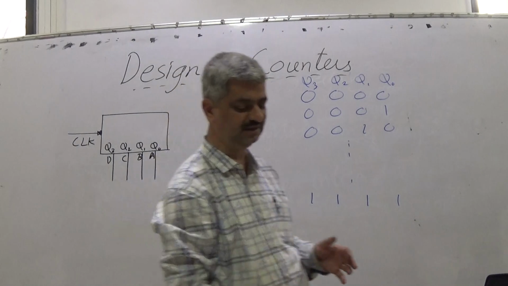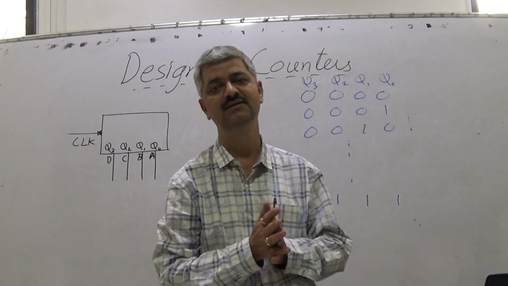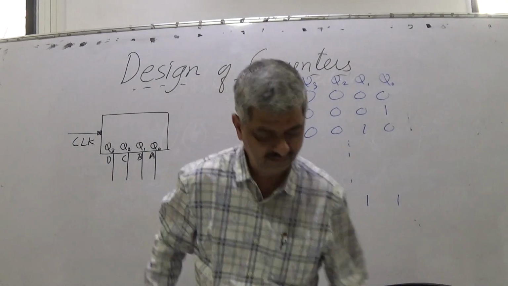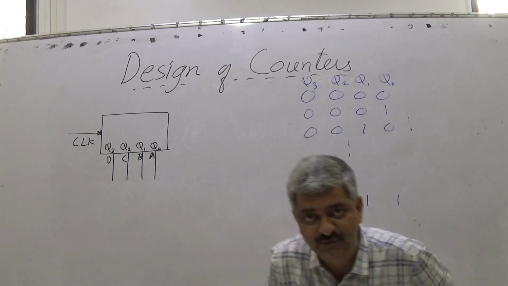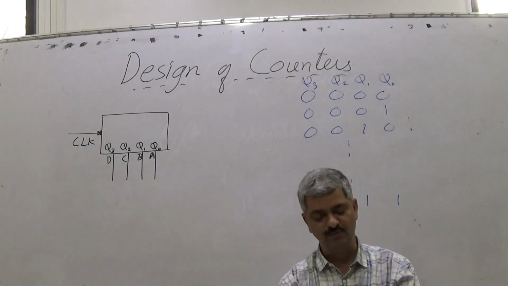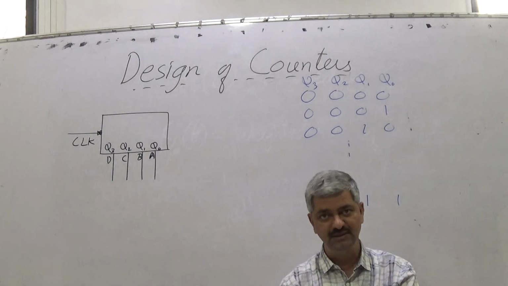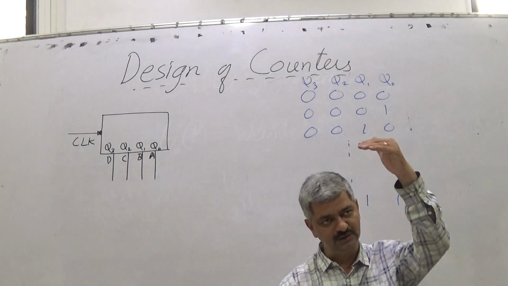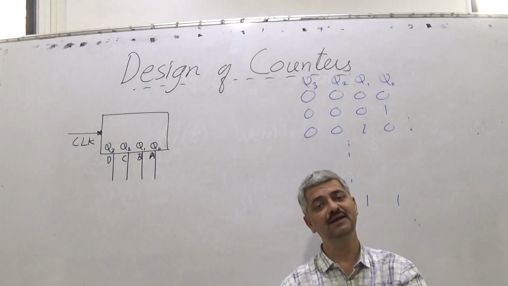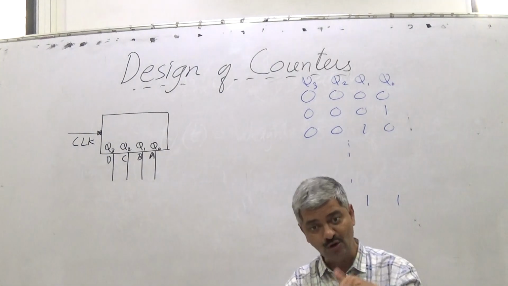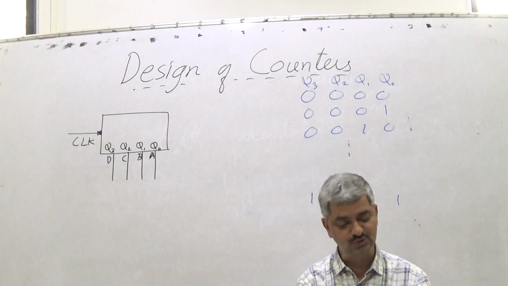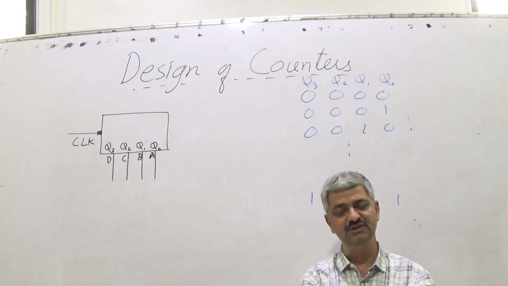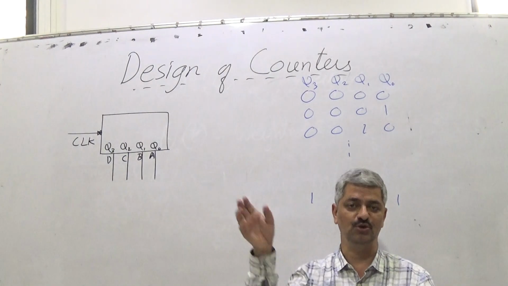In today's session we will cover all possible points of counters, that is up counter, down counter, a regular multi-bit n-bit counter, and then we will also discuss a very important point, a counter which doesn't advance to all possible states.